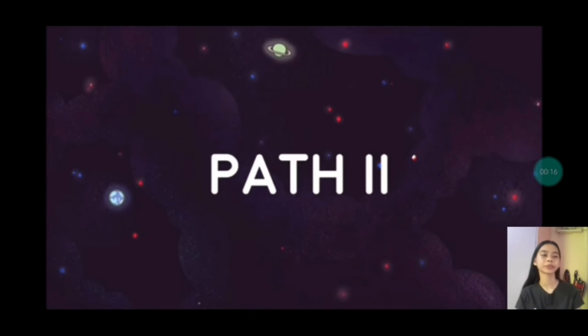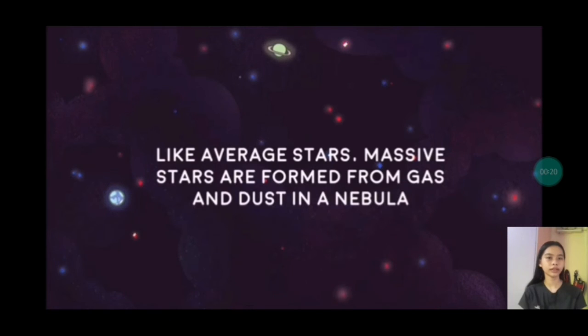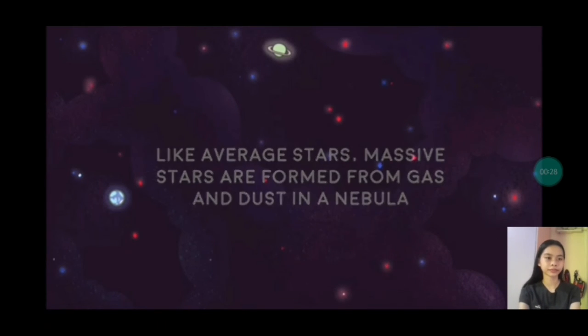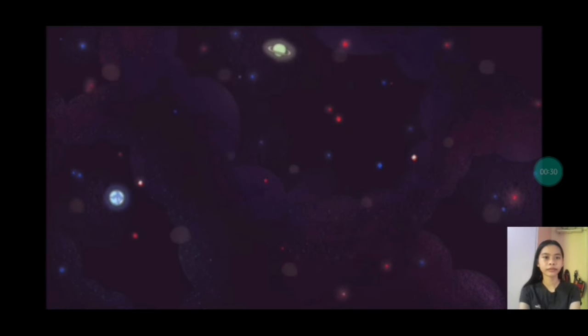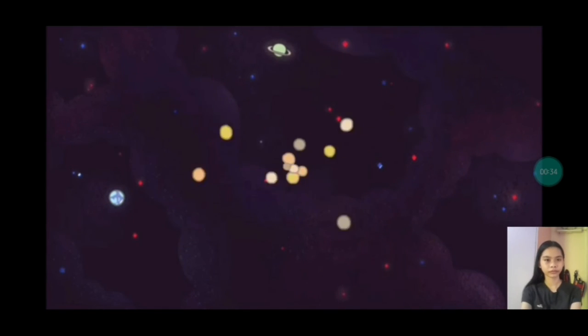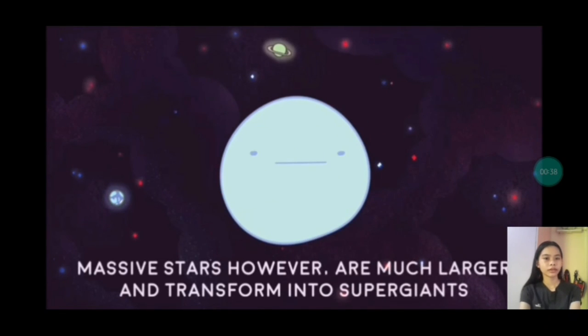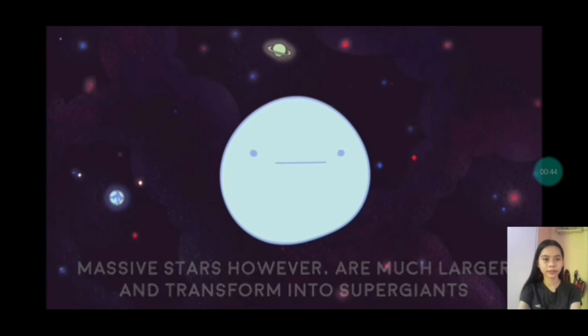Path 2. Just like average stars, massive stars are formed from gas and dust in a nebula. Massive stars, however, are much larger and transform into supergiants.